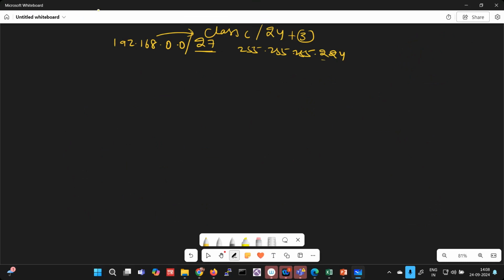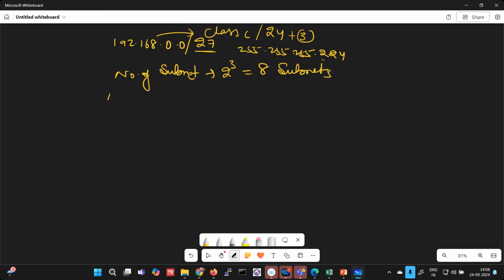255.255.255.224. With this subnet mask, first we can calculate how many subnets will be created by borrowing 3 bits: 2 to the power 3, 8 subnets with this new subnet mask.